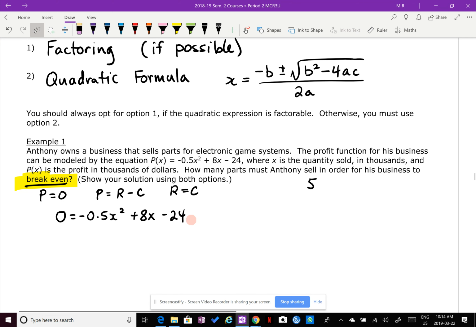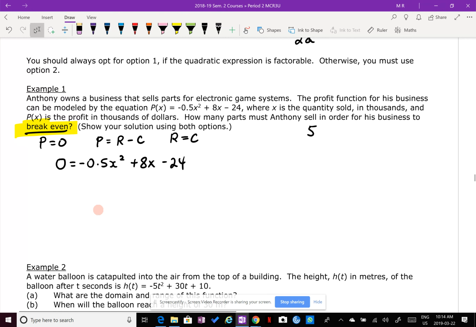Okay, so factoring this means, well, I'm looking for a common factor. I have a decimal here, and so I only have one decimal here in front of x squared. So I'm going to try and factor out that decimal. Okay, a decimal is okay to work with, 0.5, because it doesn't really change my integers. So negative 0.5 comes out, x squared.